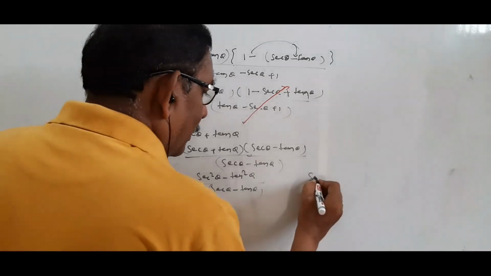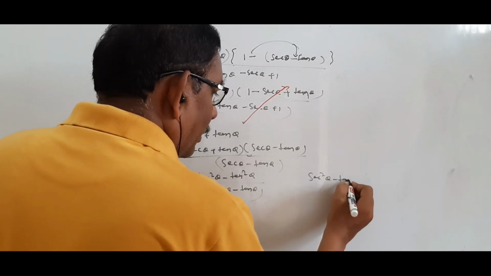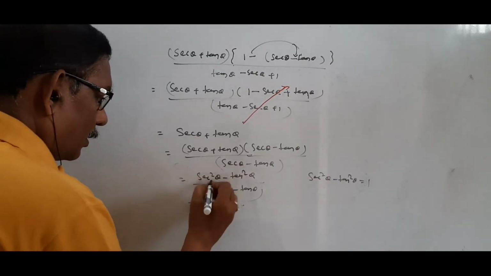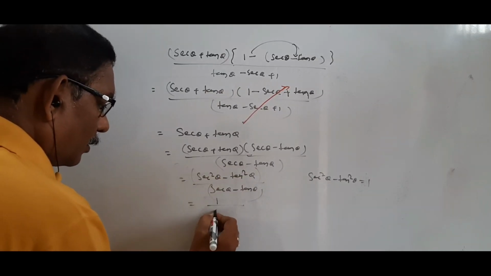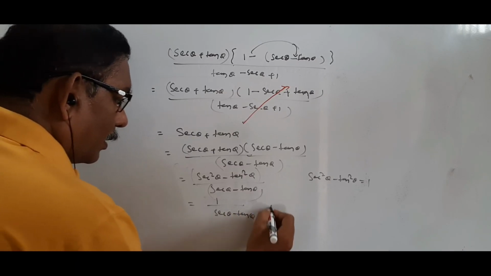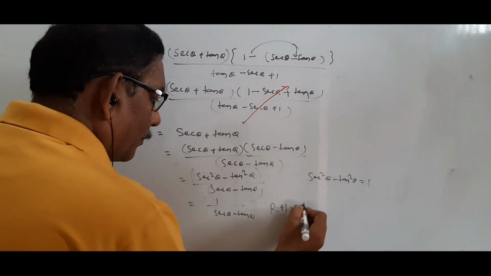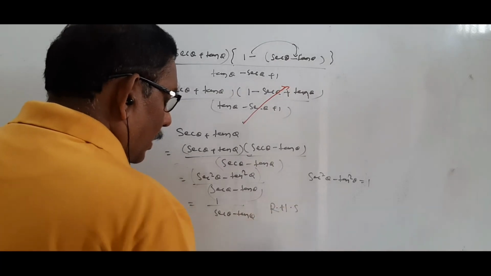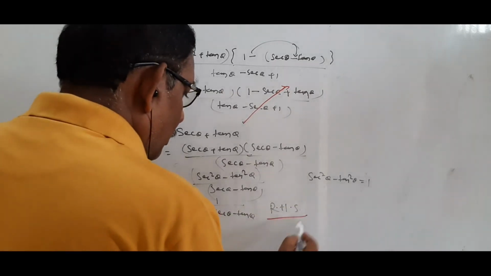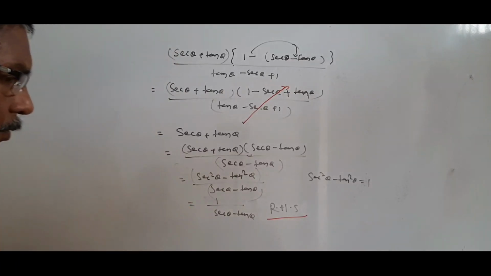You know that sec square theta minus tan square theta is equal to 1. So this value is 1, so 1 by sec theta minus tan theta. This is your RHS. In this way, you try to prove more identities.